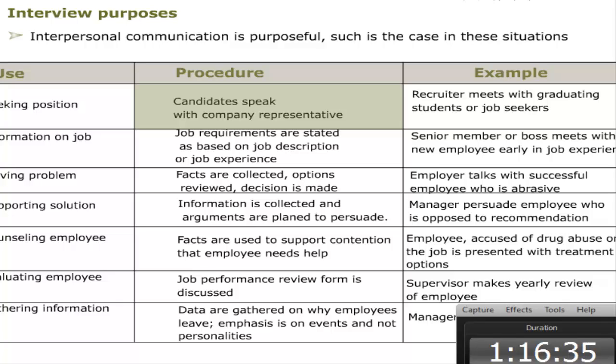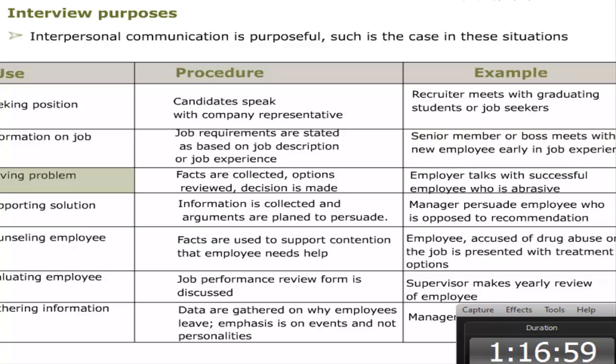Example: a recruiter meets with graduating students or job seekers. Information on job. Job requirements are stated based on job description or job experience. A senior member or boss meets with a new employee early in the job experience.